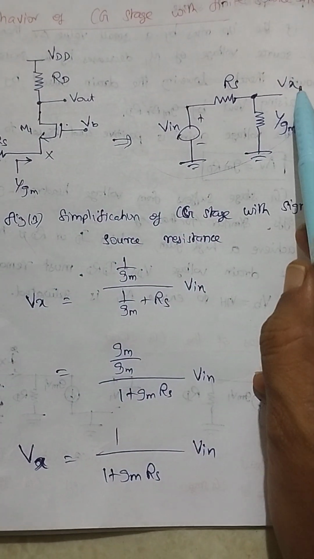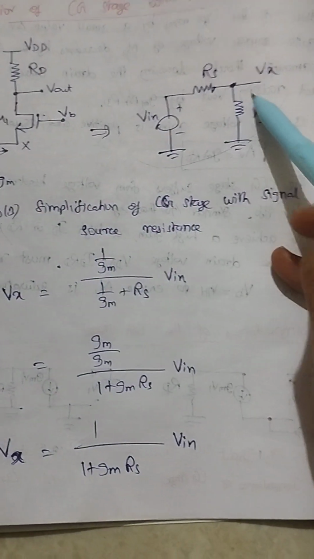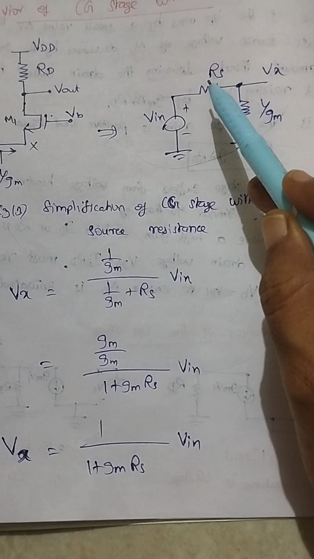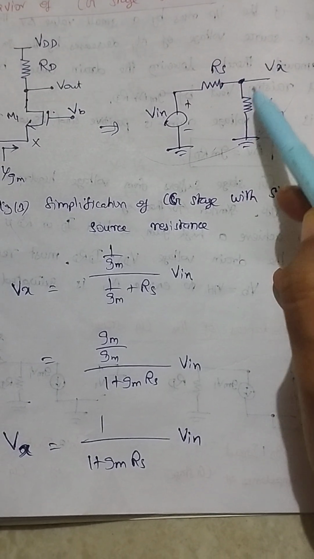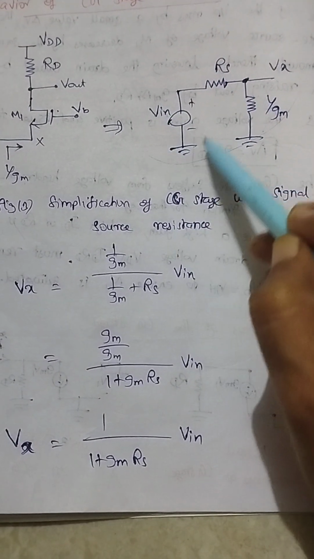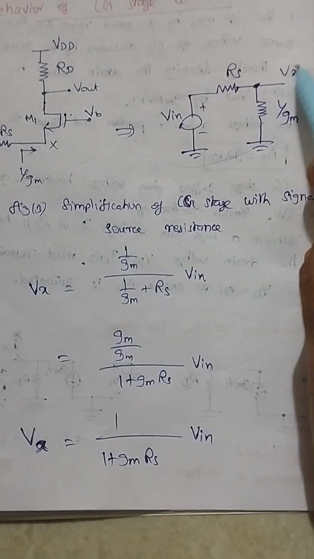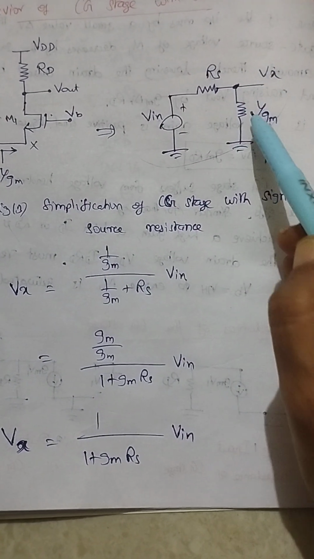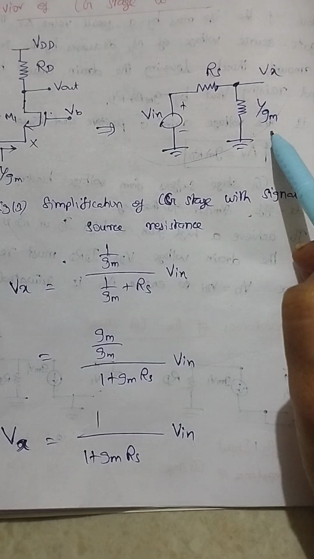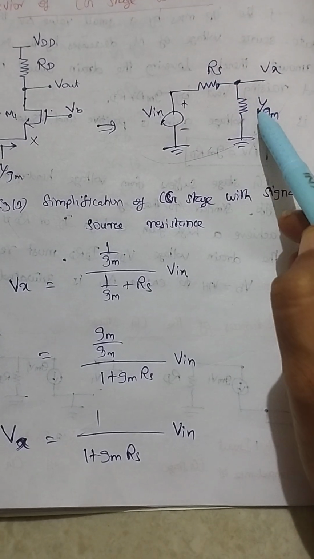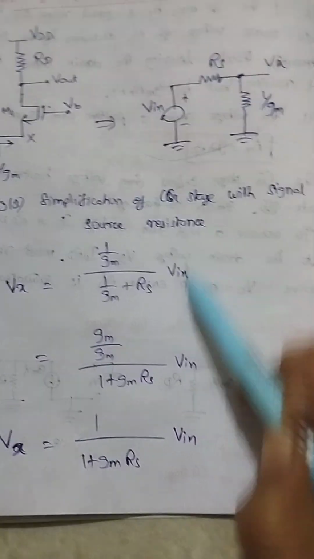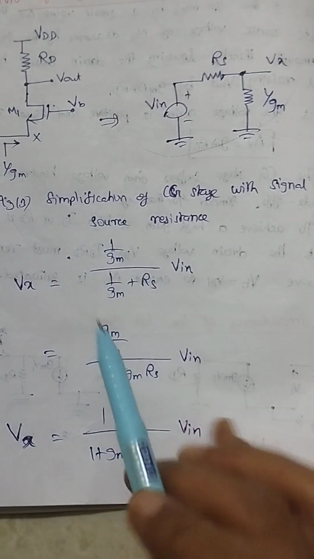Next, what is our Vx here? Vx is nothing but this resistance divided by the sum of these two resistances, into the input voltage. So Vx equal to 1 by Gm divided by 1 by Gm plus Rs, into Vin. That is the formula here.